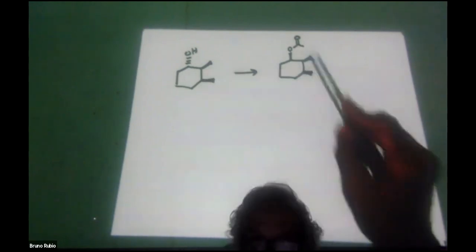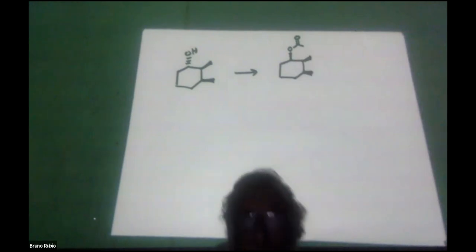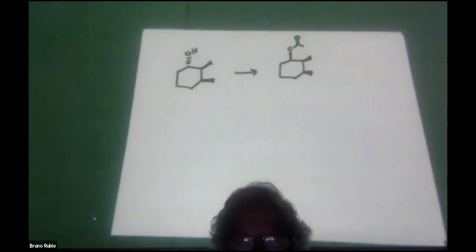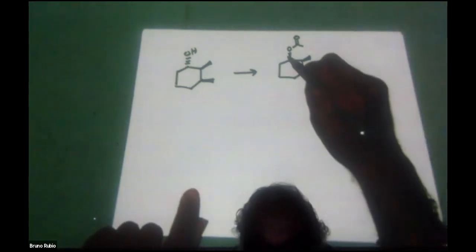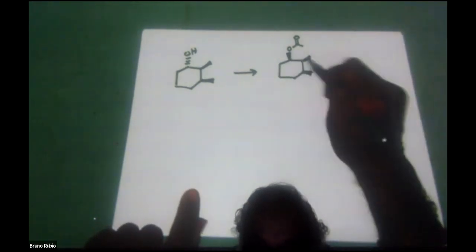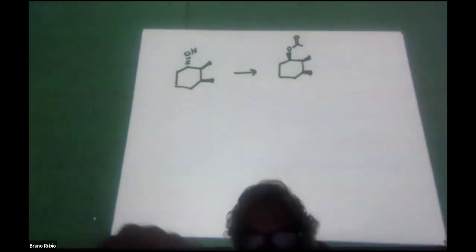Yeah, the only double bond here is this carbon-oxygen double bond. Everything else is supposed to be a wedge. Right, this is a wedge. I don't know if I'm answering your question. That's a wedge, and that's a wedge. The only double bond is here.